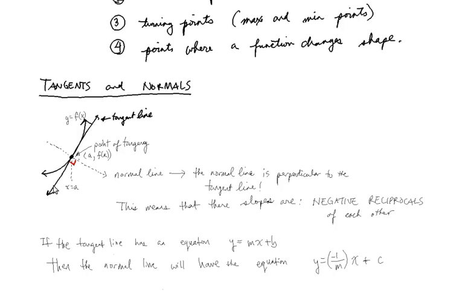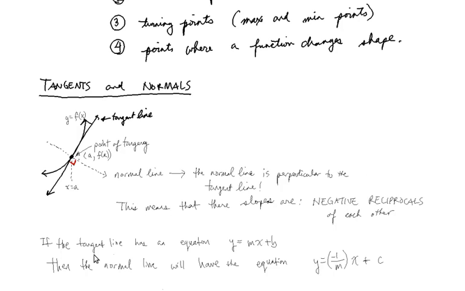If you remember back to Algebra 1, Algebra 2, pre-calculus, we talked about this. The slopes of two perpendicular lines, the normal line and the tangent line, are negative reciprocals of each other. So one slope will be negative and flipped of the other.